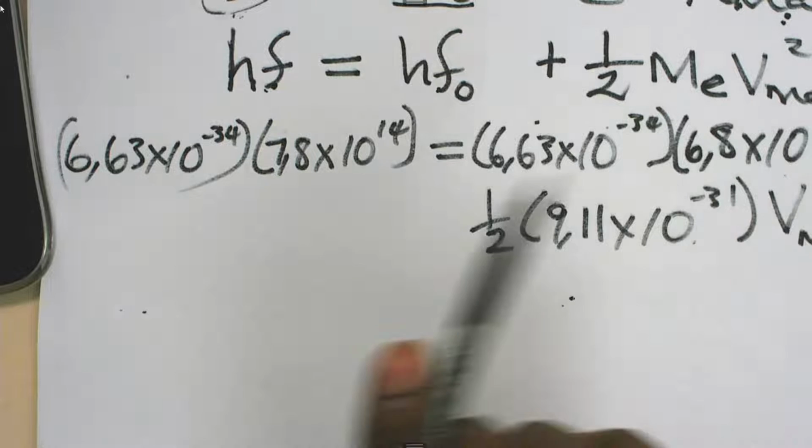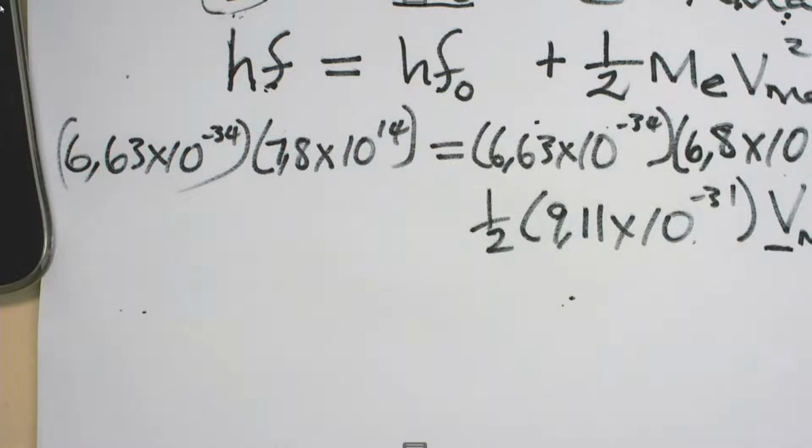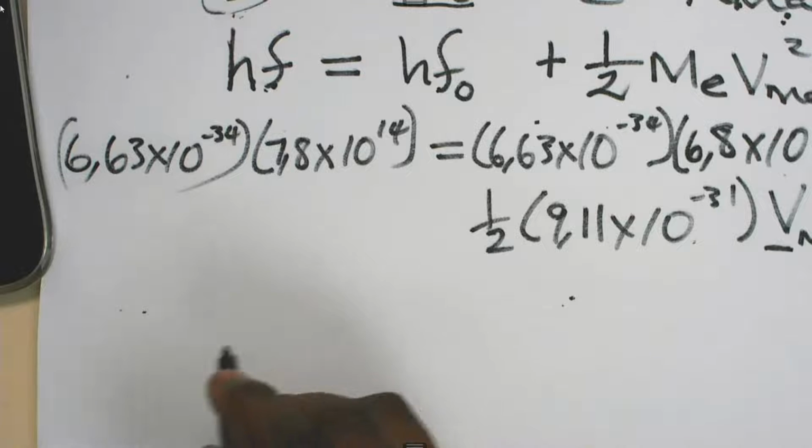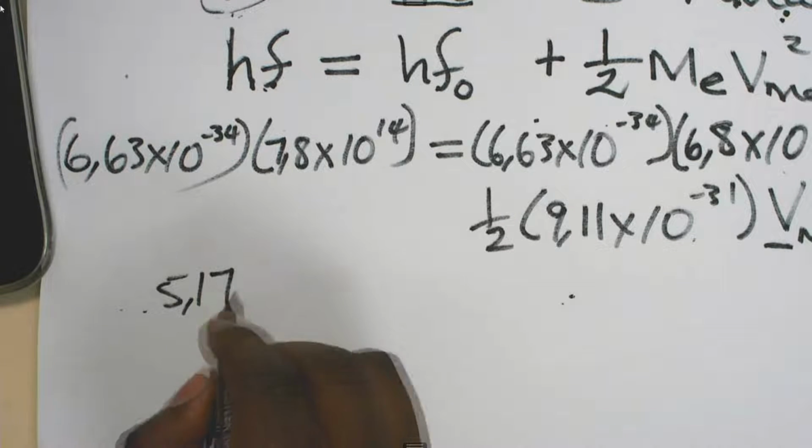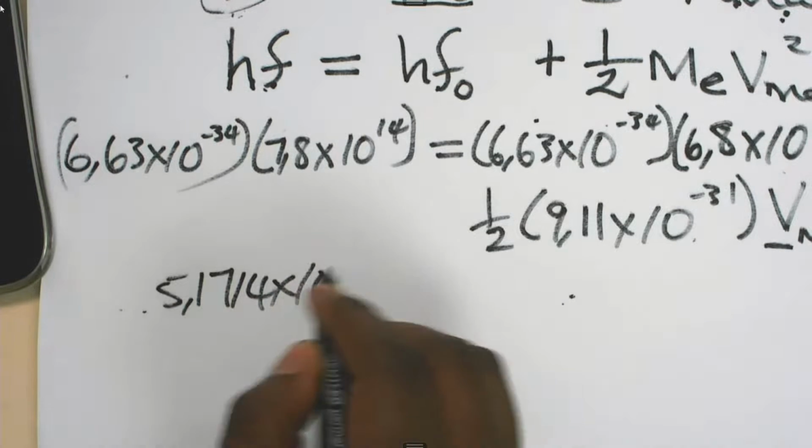And then from here, we just do our calculation to calculate the maximum speed of the photoelectrons that are ejected. So we'll then have 6.63 times 10 to the power minus 34 multiplied by 7.8, which is the frequency of the light, times 10 to the power 14, and this is equal to, on the left hand side, 5.1714 times 10 to the power minus 19.